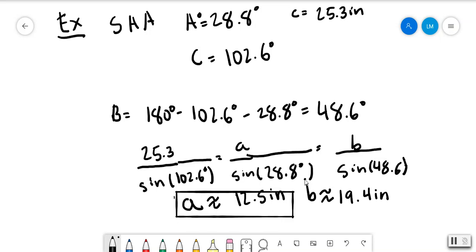So these are the two solutions that you should get when you apply the law of sines. Try to do that by using this formula right here, because that's basically the key: A is just sine of 28.8 times this ratio, B is sine 48.6 times this ratio, and that should give you what you want.